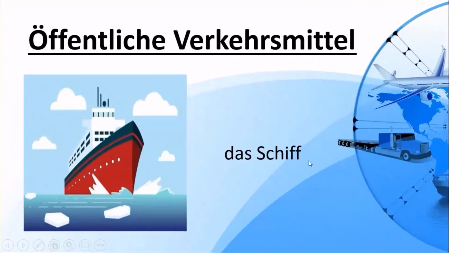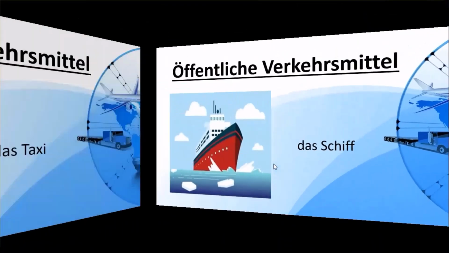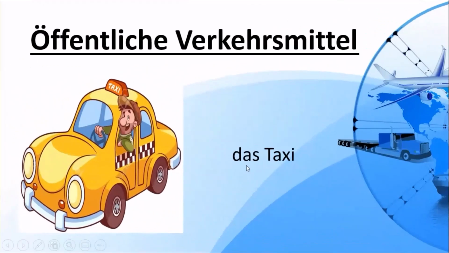Then the ship is das Schiff. The taxi is das Taxi. So this word has been taken from the English language and written like this in German but pronounced Taxi.